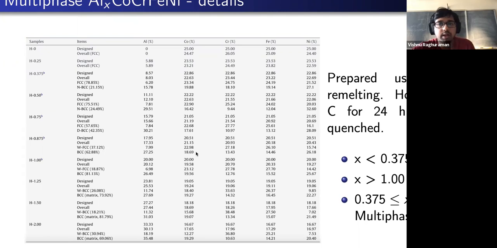If you look at the 50% or 75% one, the aluminum prefers to be in the BCC phase as opposed to the FCC. The FCC aluminum pretty much stays constant at about 7 to 8%.